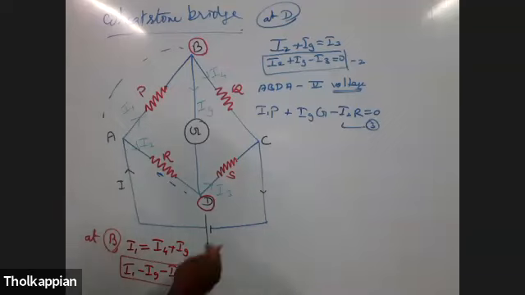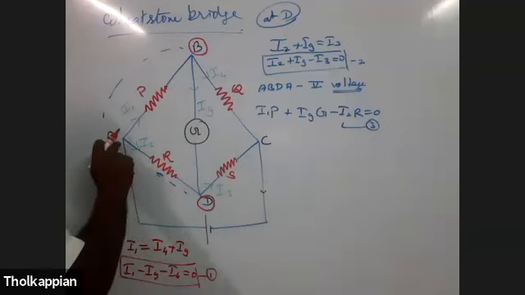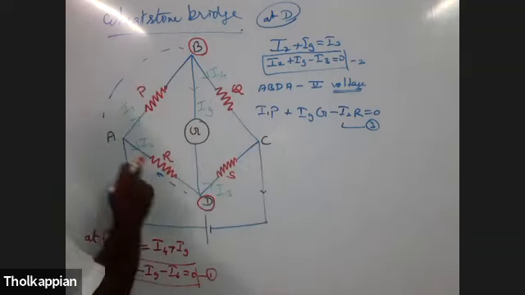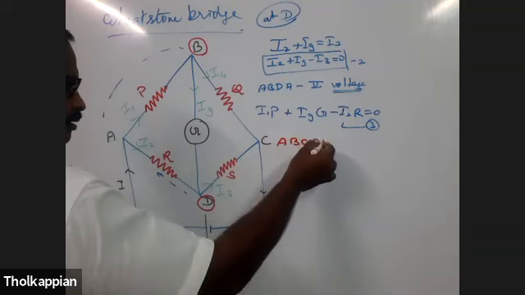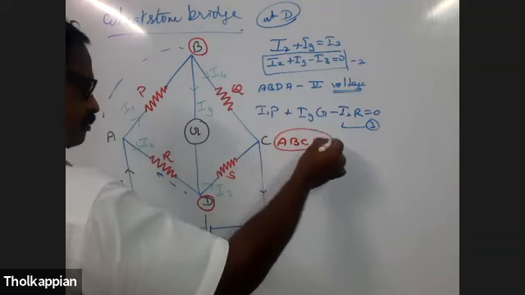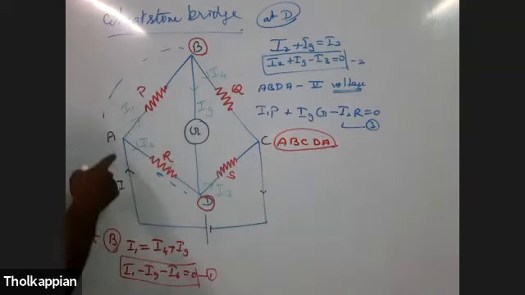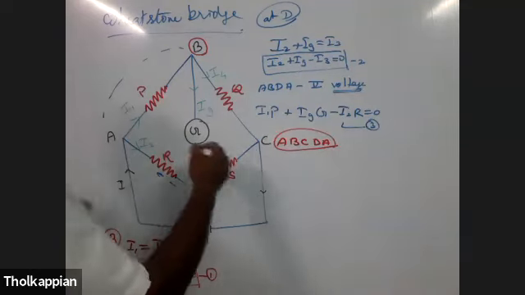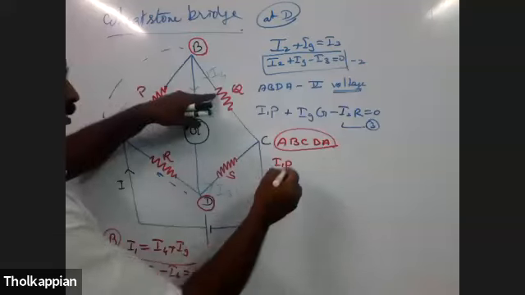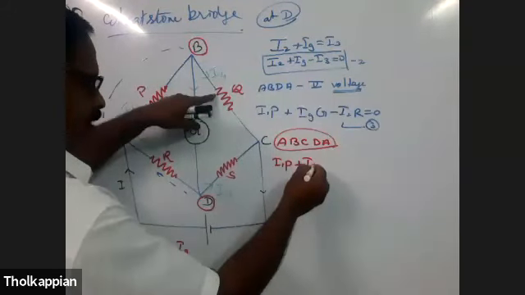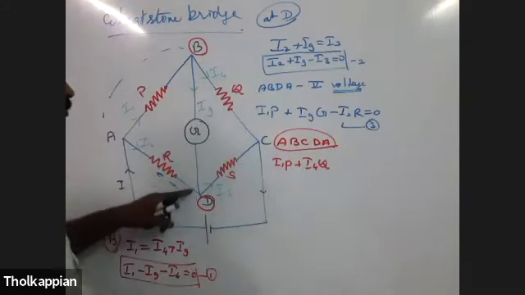Next, take the loop A, B, C, D, A. In this loop, we can write I1P plus I4Q.